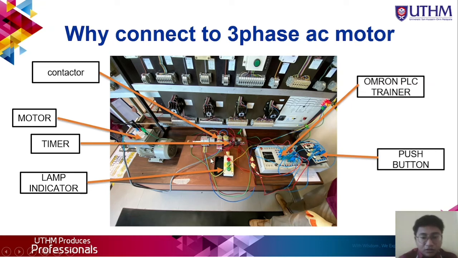So the AC motor will be on when the timer is on, and the motor will be off when the timer is off. We connect the three-phase AC motor to show the result of what we programmed in this project.